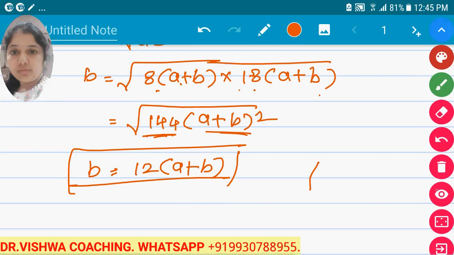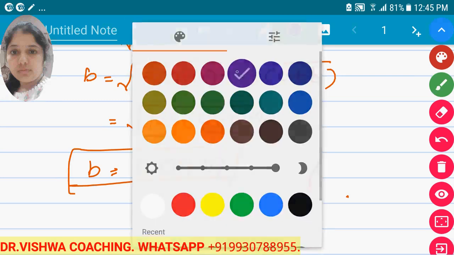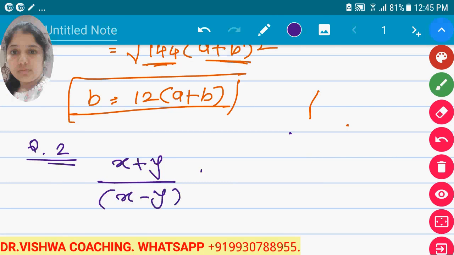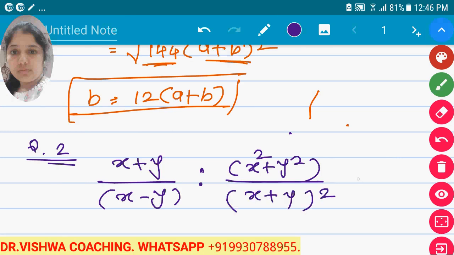Now see, when we have to find the compounded ratio, we have to multiply them. So how can we write it in the equation or problem form? So (x plus y) to (x minus y), (x square plus y square) to (x plus y) whole square, (x square minus y square) to (x raised to 4 minus y raised to 4).